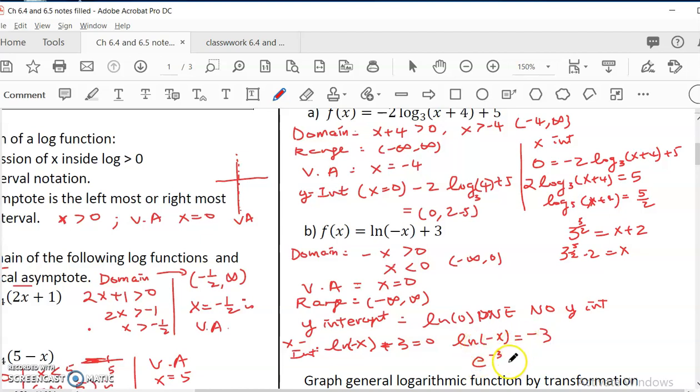Remember how to solve this from 6.3: e to the negative 3 is equal to negative x. So x equals negative e to the negative 3. Put it in the calculator so you can find the x-intercept. This does exist. e to the negative 3 is 0.05, so x is negative 0.05. The x-intercept is negative 0.05 comma 0.